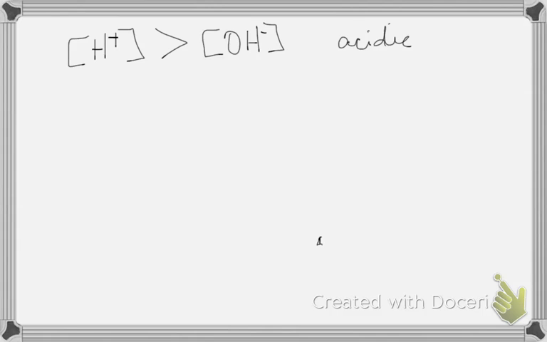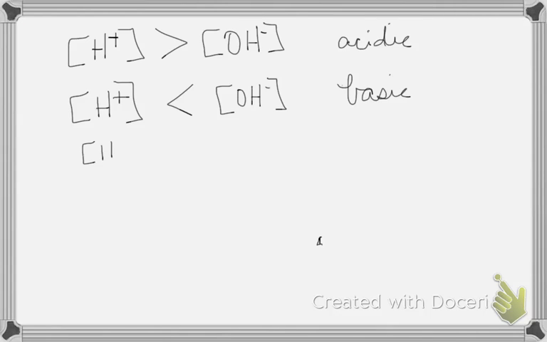If the hydrogen ion concentration is less than the hydroxide ion concentration, then that would mean that the solution is what? Basic. If the hydrogen ion concentration and the hydroxide ion concentration are equal, then what does that mean? Neutral.